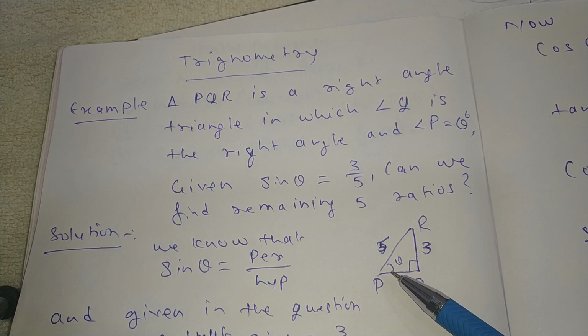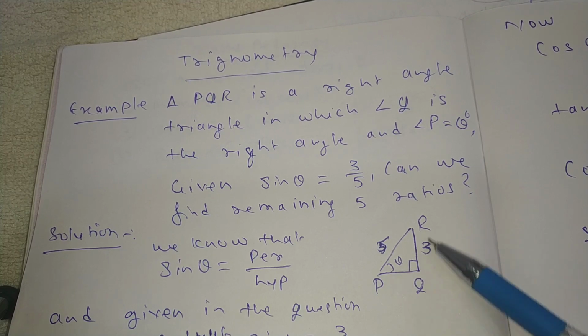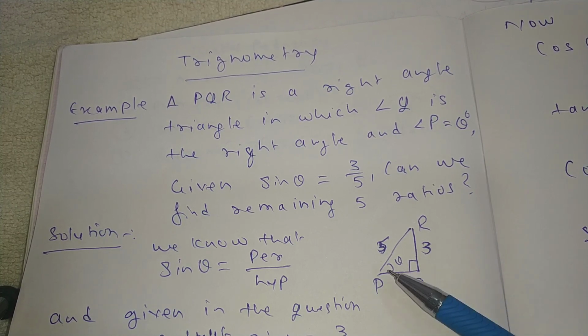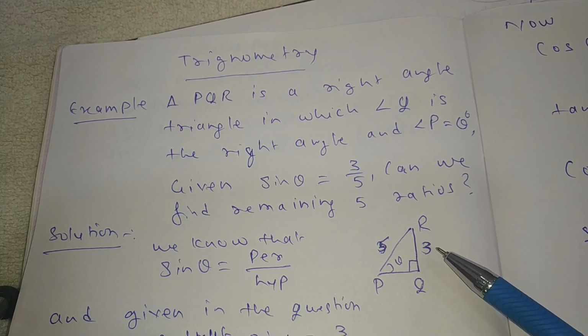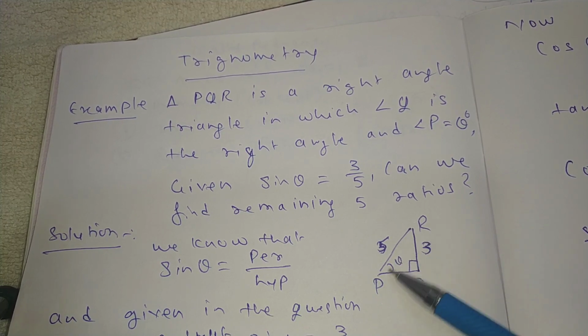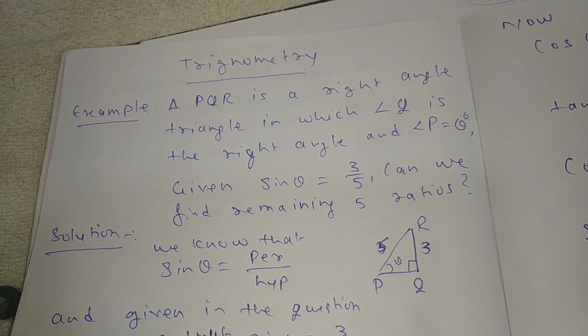Perpendicular, as I already told you, as we considered this theta is an angle, the side opposite to the angle is always perpendicular. So the perpendicular will be 3 and the highest, means longest side, will be 5.